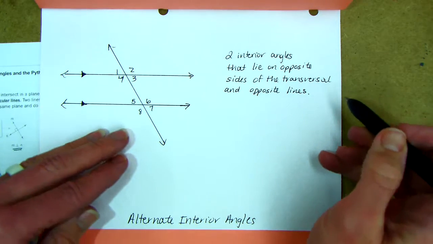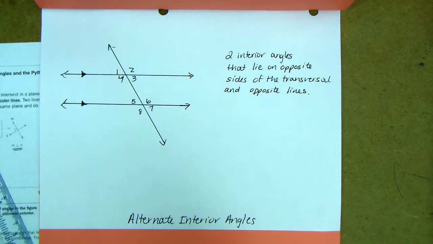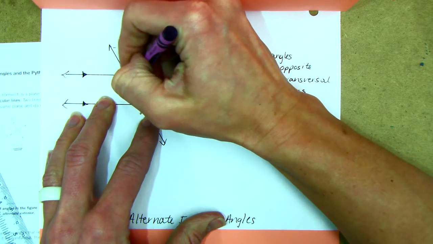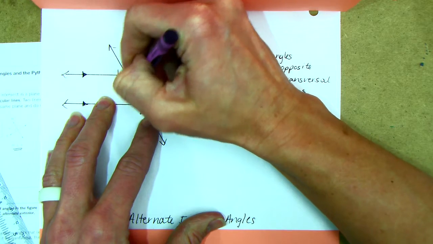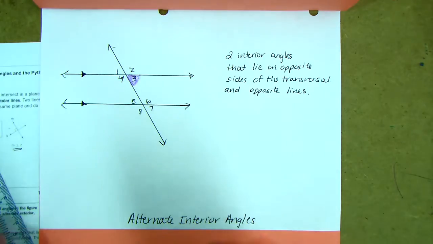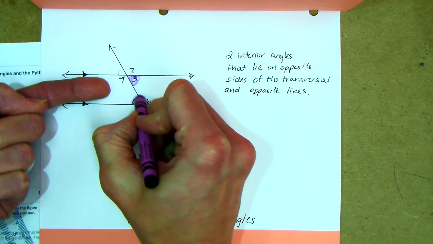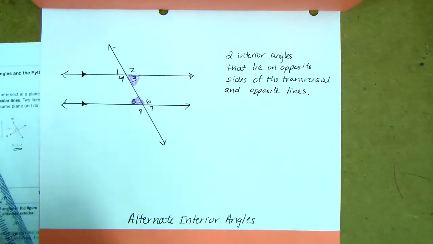What do I mean by that? Hold on one second, I'm going to grab some colors. If one of my angles is right here, angle 3, then the alternate interior angle with that one is on the opposite side of the transversal and on the opposite line. So it's on this side of the transversal and on the other line. They are actually never touching.